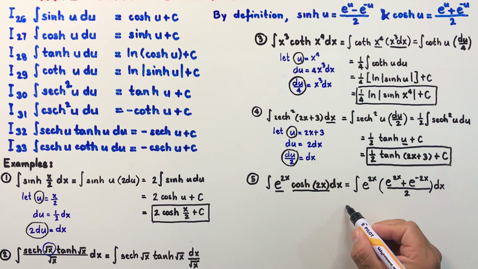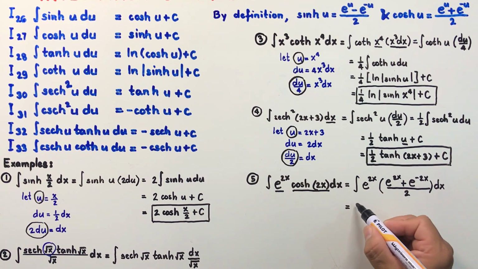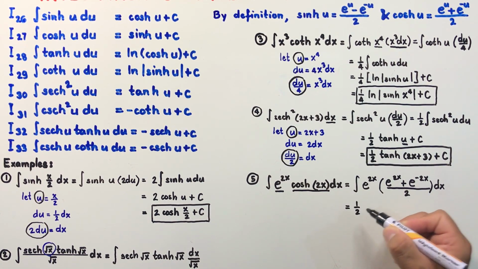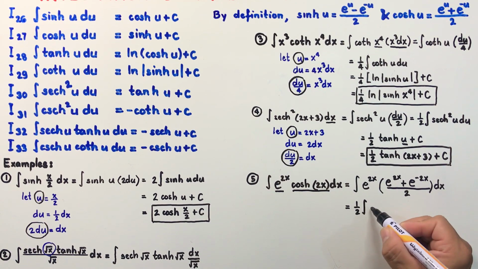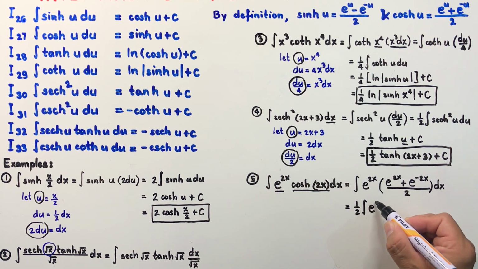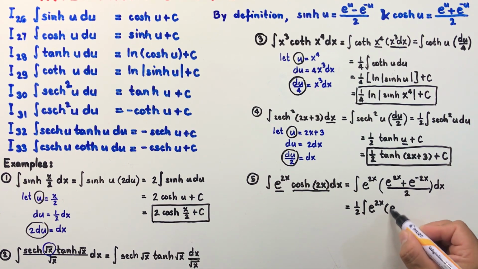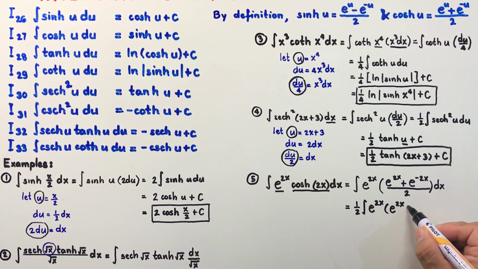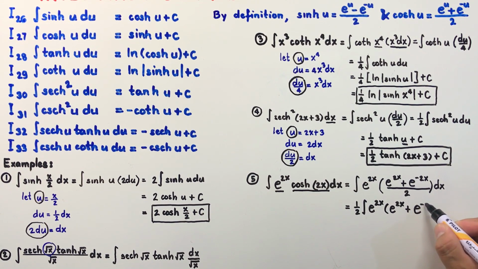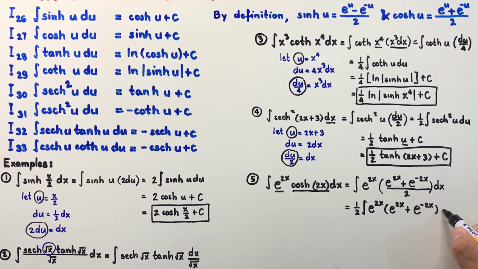So factoring the constant of 1/2 outside the integral symbol, we have the integral of e to the 2x times e to the 2x plus e to the negative 2x dx.